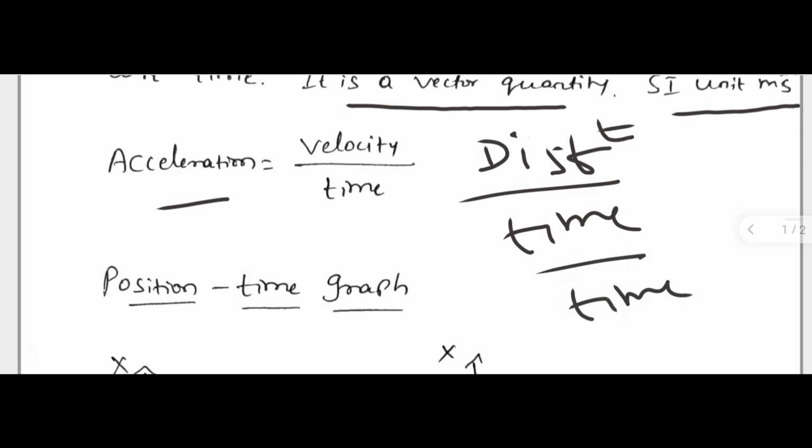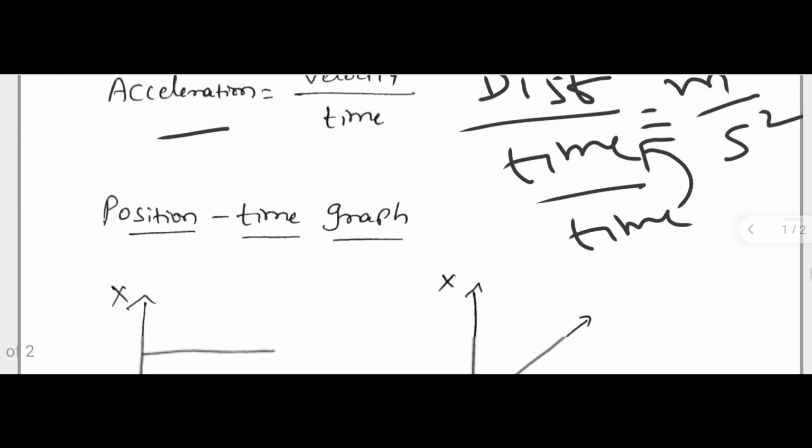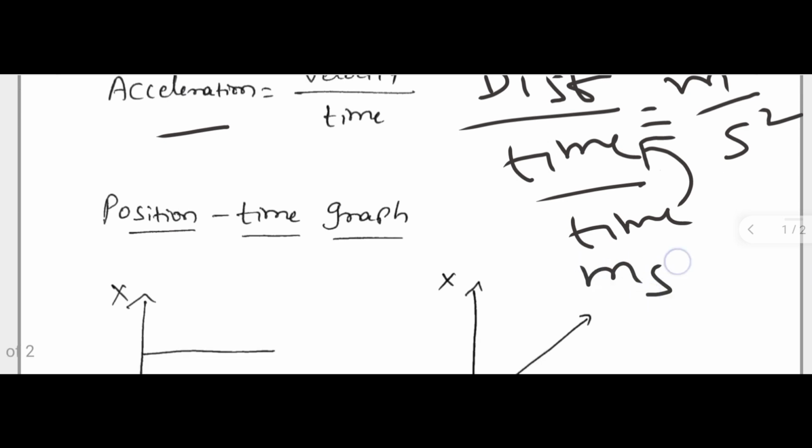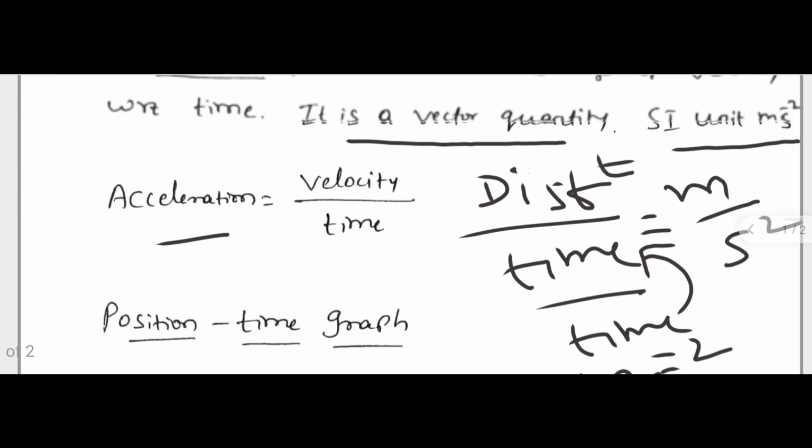Displacement is a distance, in terms of length, so the SI unit is meter. The meter stays on top, and time comes to the bottom, that's why it is second square. That becomes meter per second square, the SI unit of acceleration.